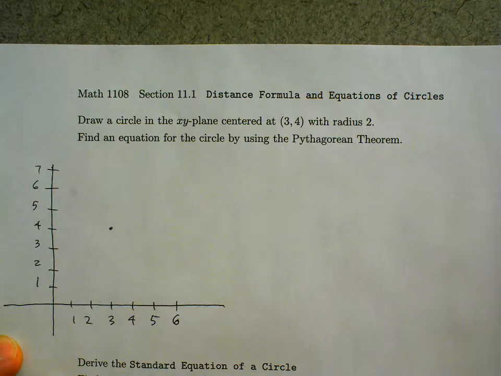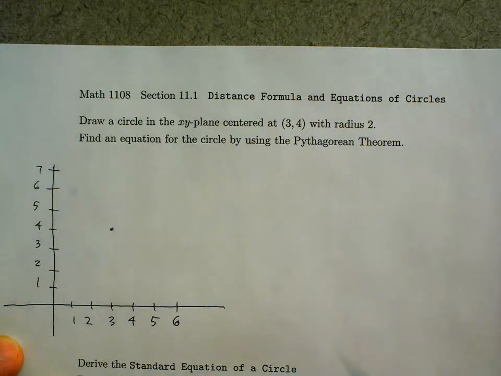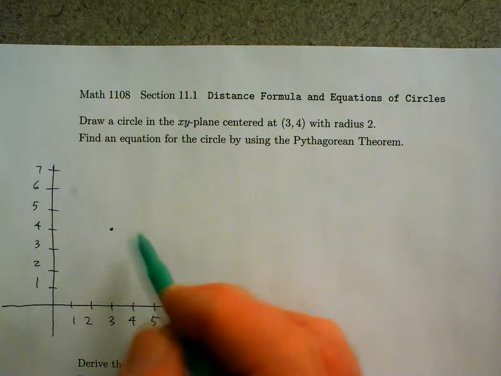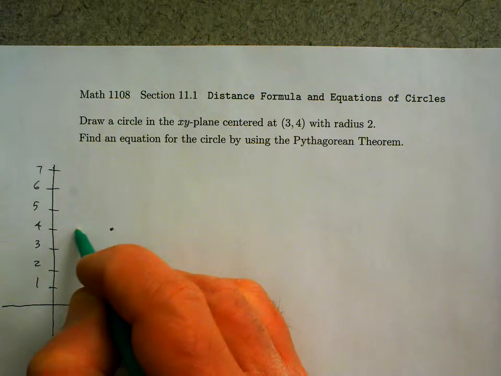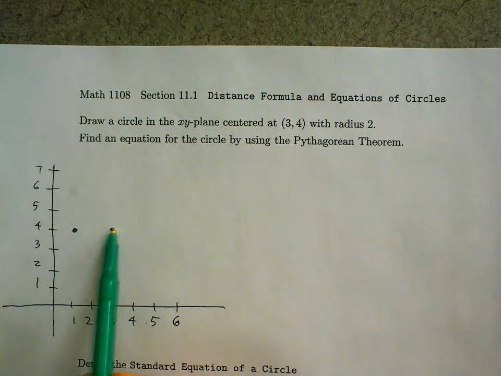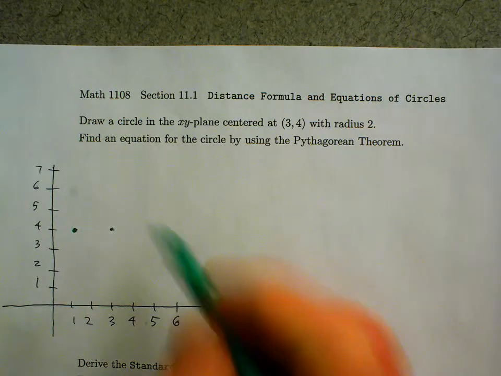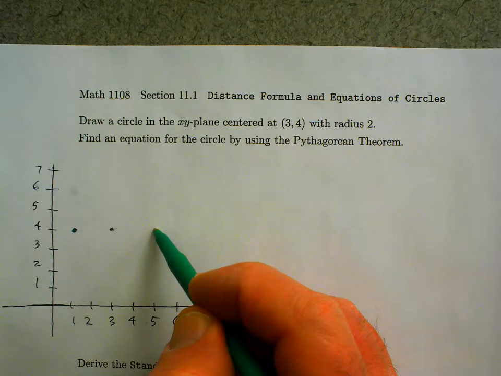That's the center of the circle. And the radius of the circle is 2 units. So one of the points on the circle is right here. It's 2 units away from the center. Another point is right here.